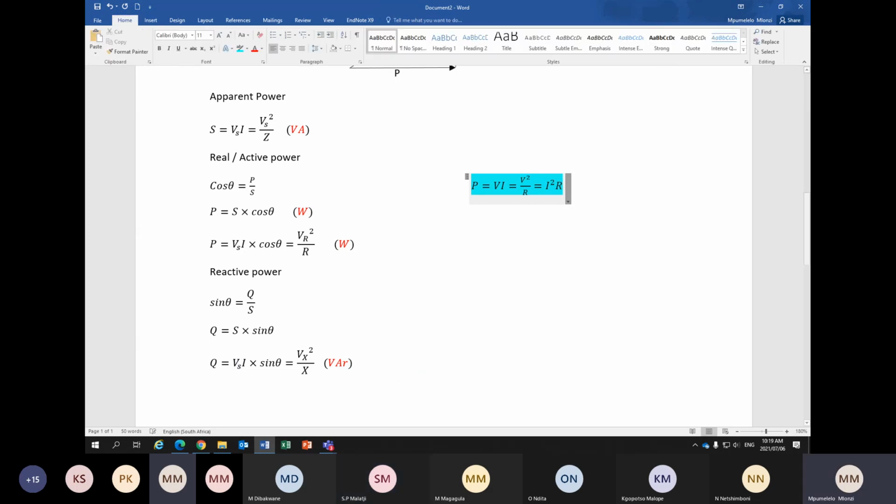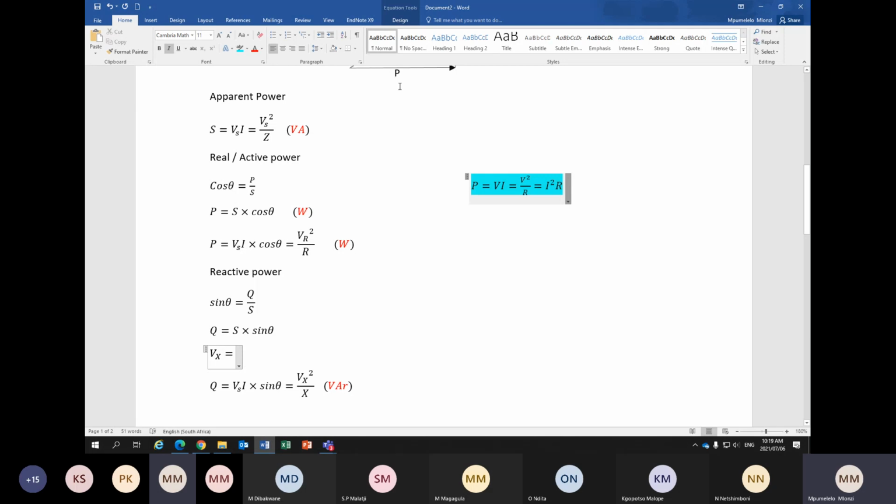Now let's say you have a circuit where there is a resistor, inductor, and capacitor connected in series. Now the voltage across, let me write this, the total voltage across the reactance.